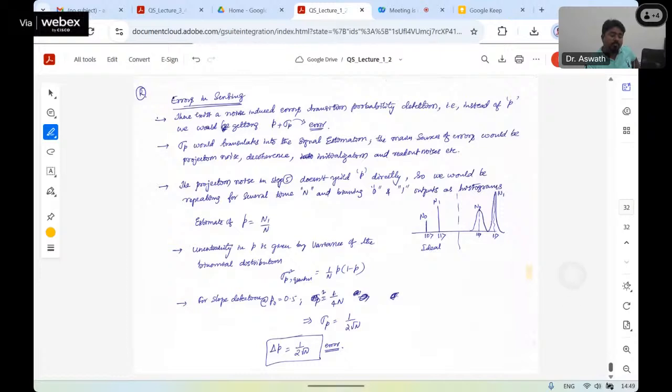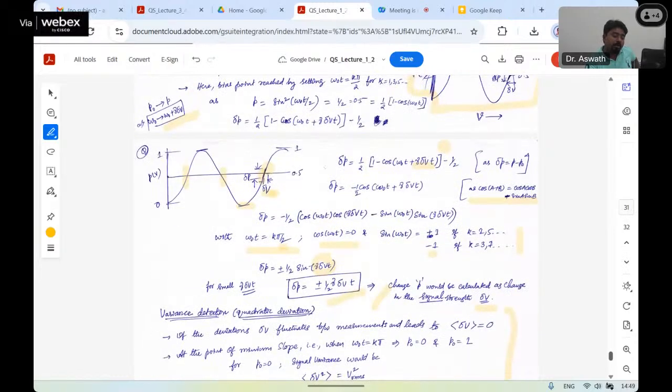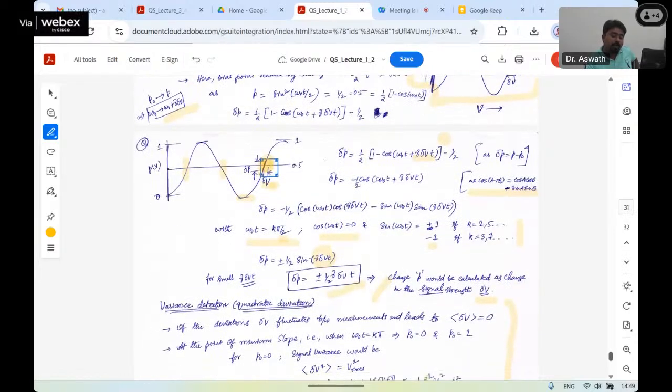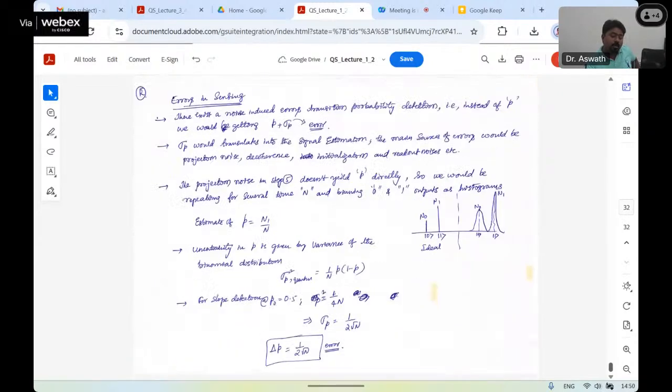So what would these errors be in the probability scenario? It would be some sigma p, right? As per the binomial distribution, which could be shown as the square root of n into p multiplied by 1 minus p. For slope detection, if I want to find the slope, the error at the 0.5 location would be 1 over 2 into the square root of n.